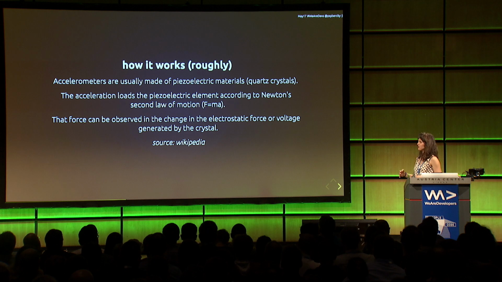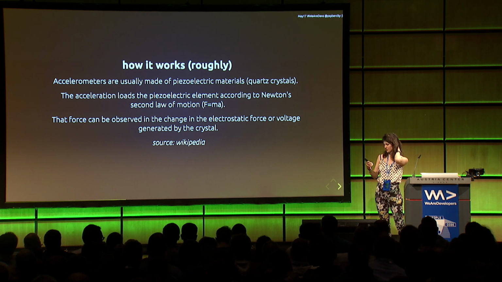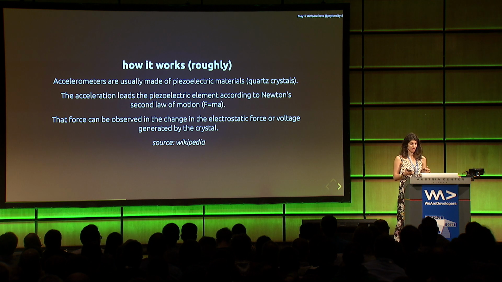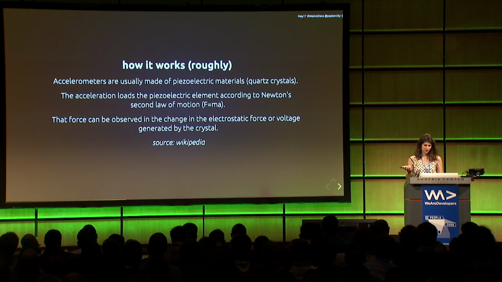The acceleration that we're doing moves these crystals, and they load these elements according to Newton's second law of motion, in which force is mass times acceleration. That force can be observed in the change of electrostatic force, as we said, of voltage. So this change can be recorded by our device.